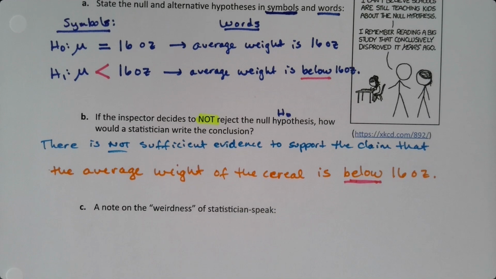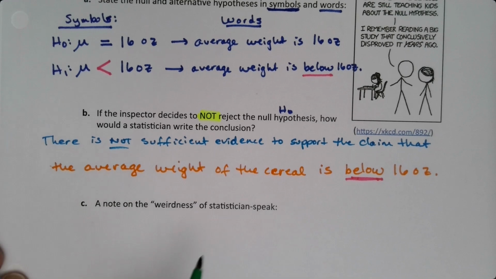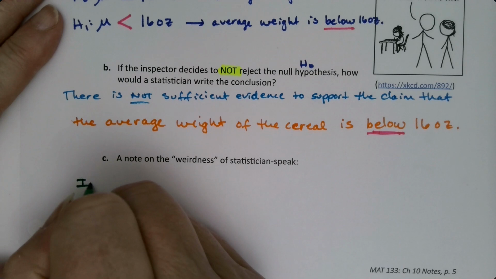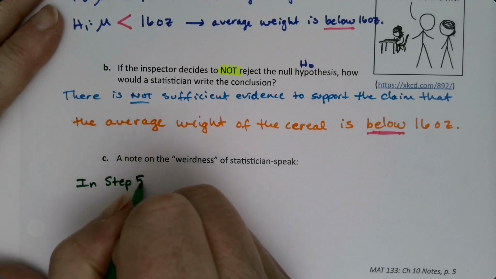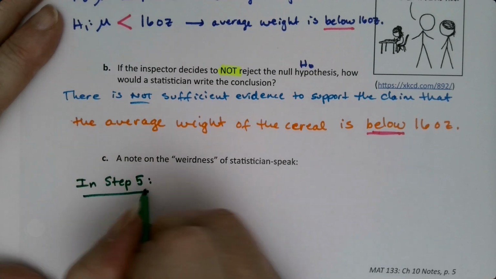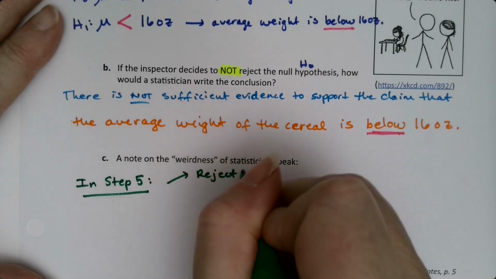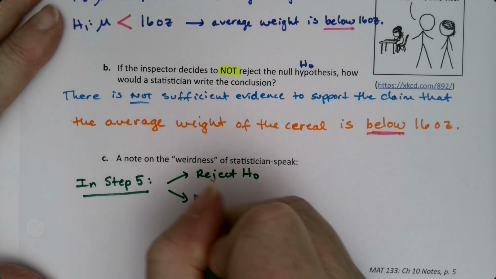Now, it's a little strange, and I just wanted to mention this, because in step 5, we make decisions about the null hypothesis, right? We're making a decision about H0. So in step 5, and this will always be the case, we will make a decision to reject H0 or do not reject H0.